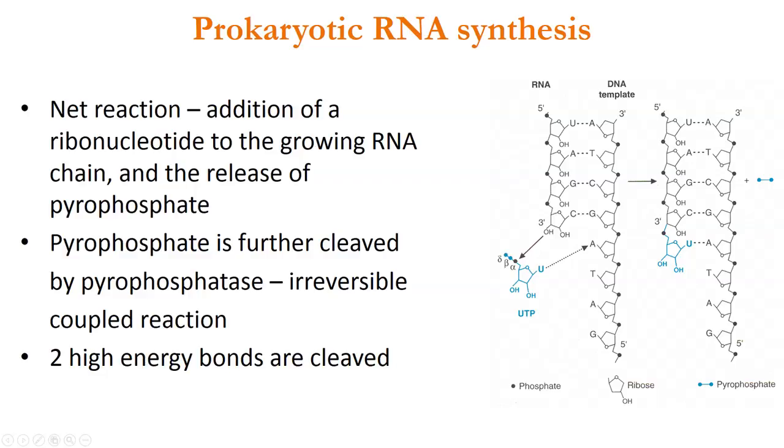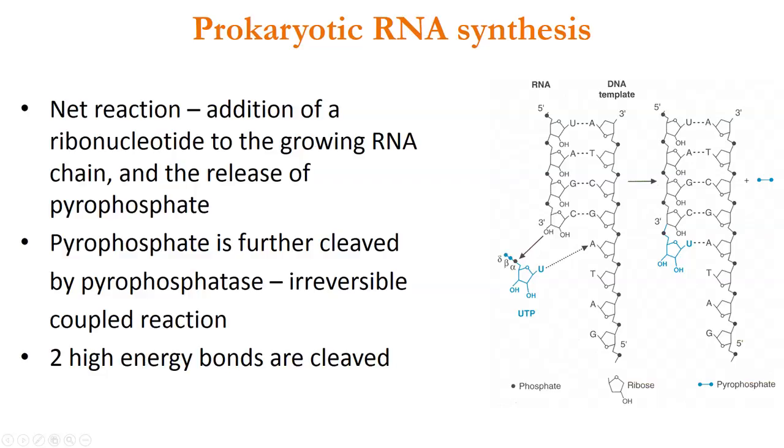This should look very, very familiar because we had almost this identical slide yesterday, except we were looking at DNA replication instead of RNA transcription. But it's the same exact thing. You know, the template strand is going to define what's the next nucleotide. The next nucleotide is going to come in as a triphosphate version.